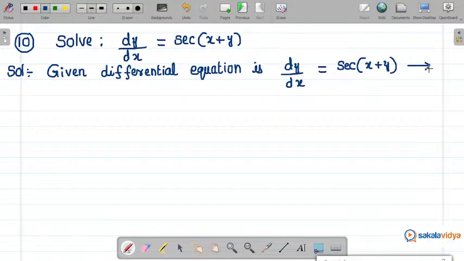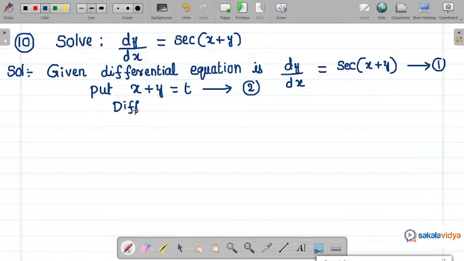Say equation 1, this is clear. Now put x plus y is equal to t. Say equation 2.